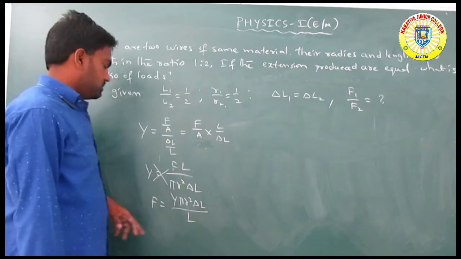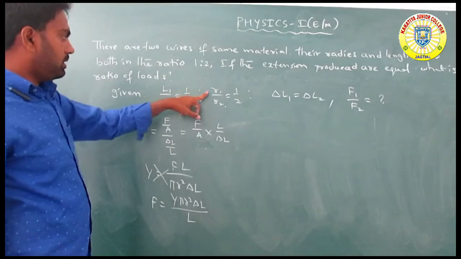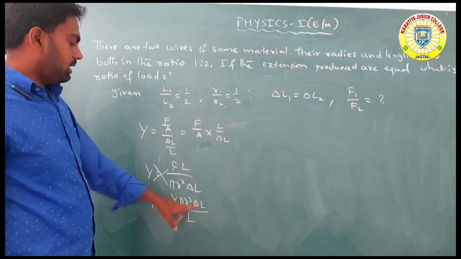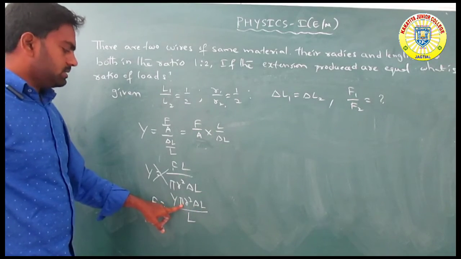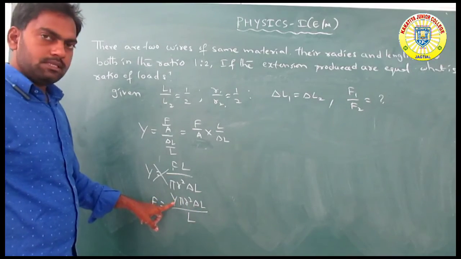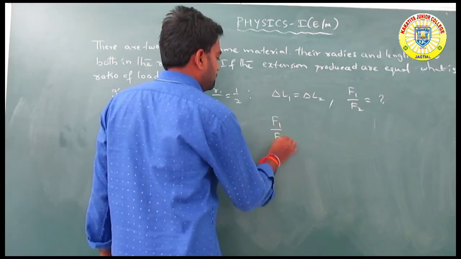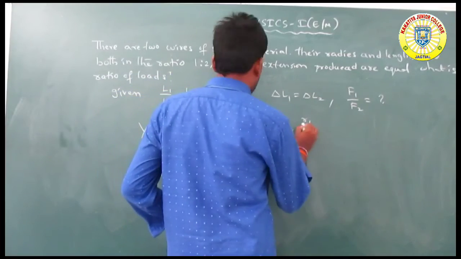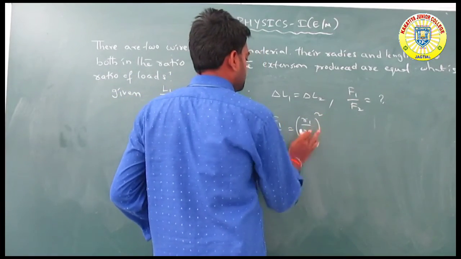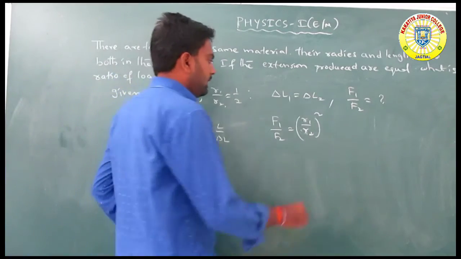Now in this equation, L1 by L2 is given and R1 by R2 is given. Delta L1 and delta L2 are equal, so constant. Pi is also constant, and Young's modulus Y is also constant. So that means F1 by F2 is equal to R1 by R2 whole square into L2 by L1.